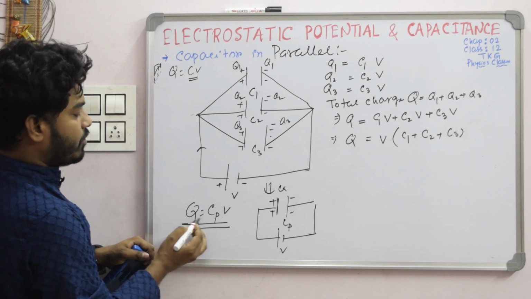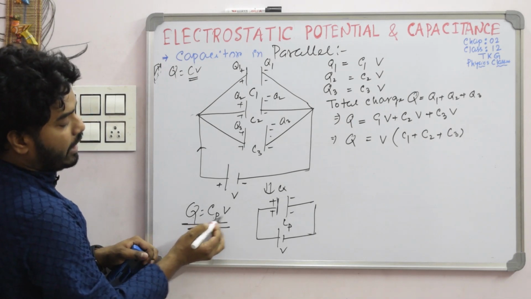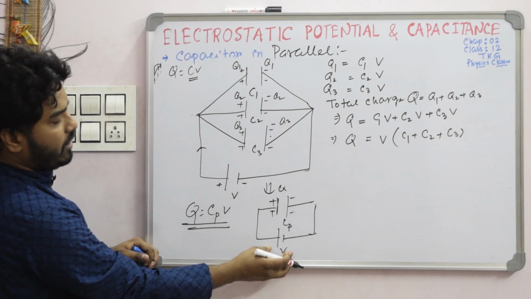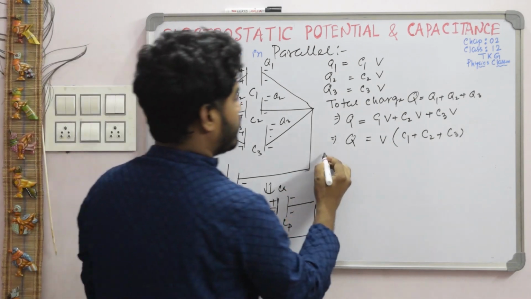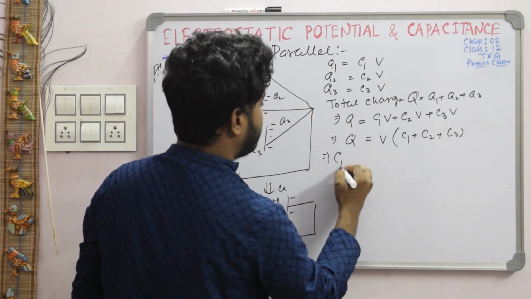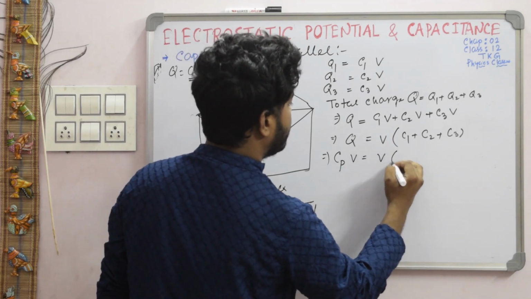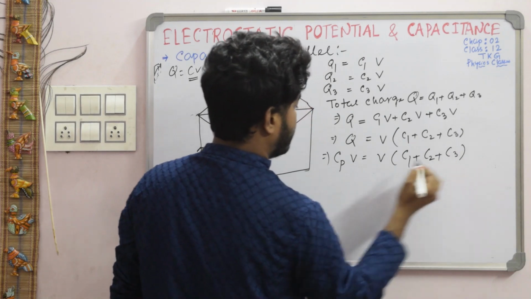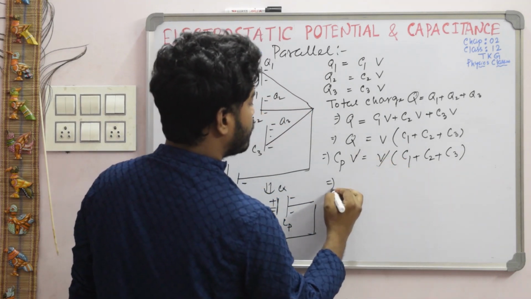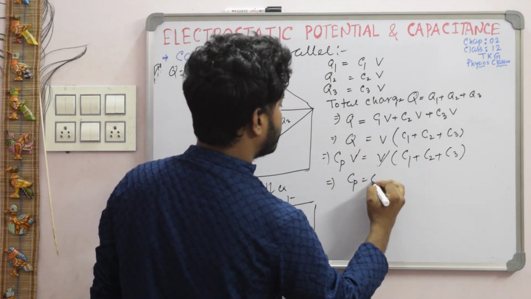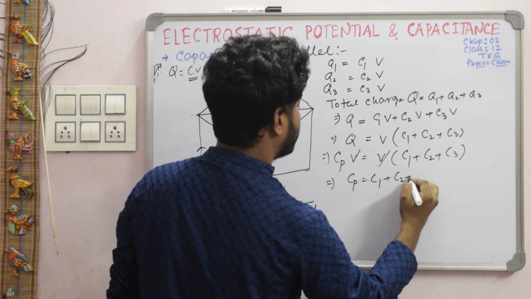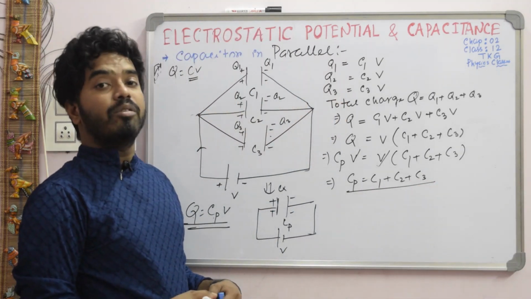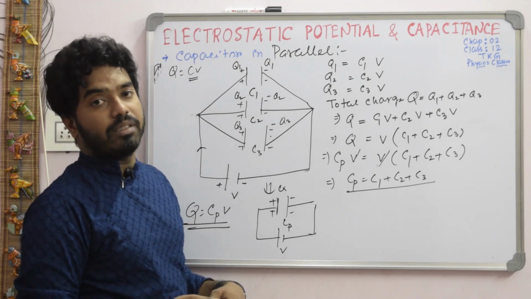So what will be the value of Q? That is the equivalent capacitance for these three capacitors, Cp, and the potential supplied, V. So Cp into V is equal to V into C1 plus C2 plus C3. V cancels out, so Cp is equal to C1 plus C2 plus C3. This is the equivalent capacitance for parallel combination of capacitors.